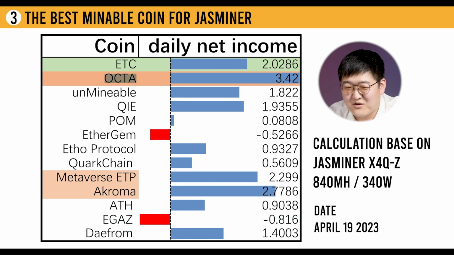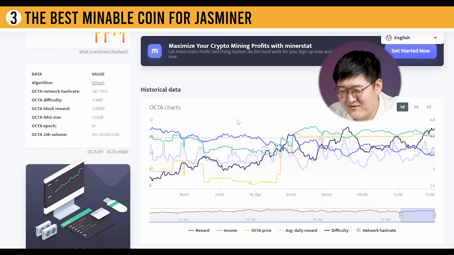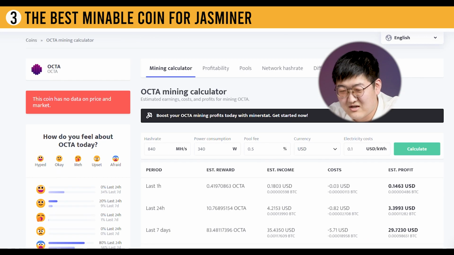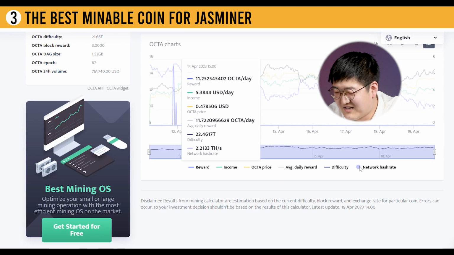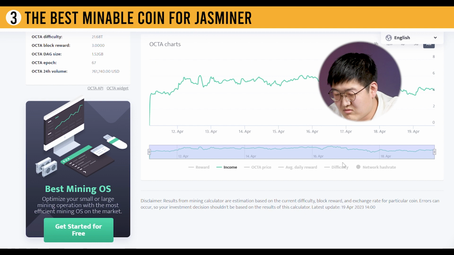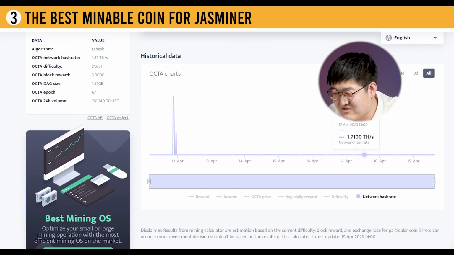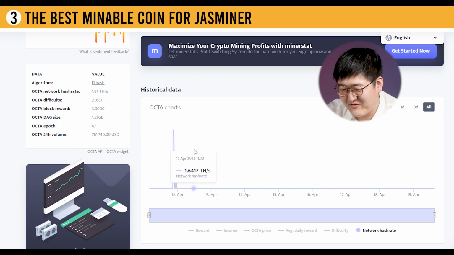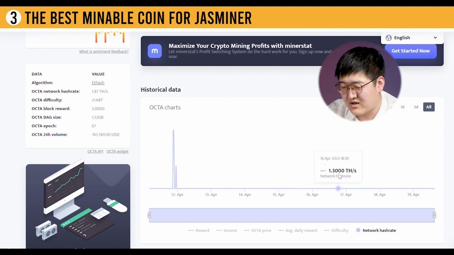And speaking of others, I found a quite interesting figure. Go back to this miner stat OCTA. If we only show the network hash rate, you can see here is a very huge spike. For most of the days, it is around 1 to 2 terahash per second for the whole network.